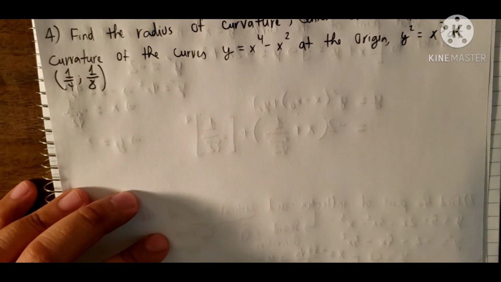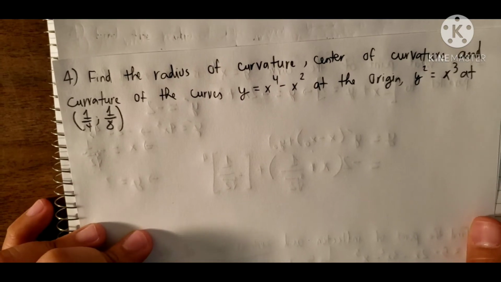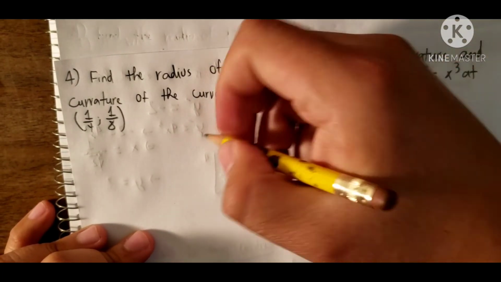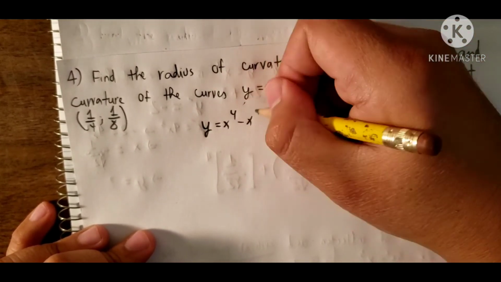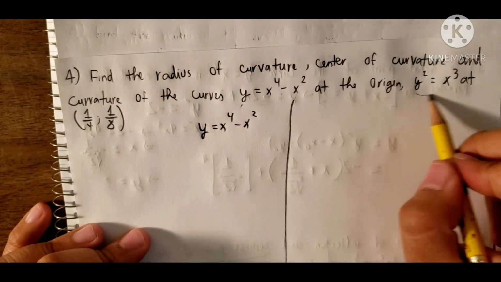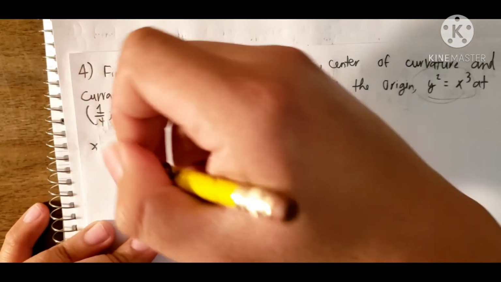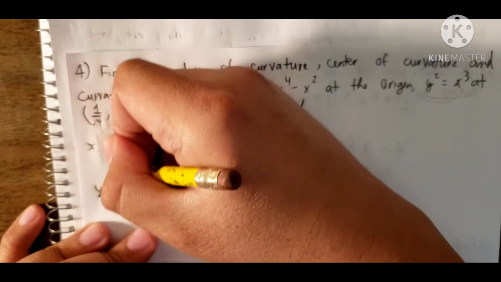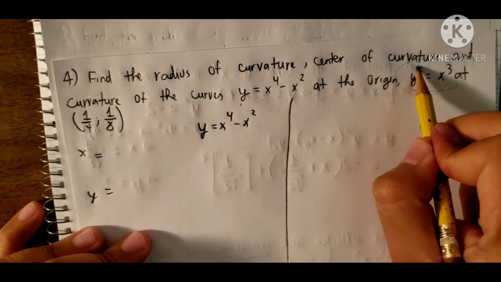To do this, we need to have the formula. So we have y equal to s^4 minus 2s^2. We separate them because we need to do the second one. We have the s and y. S and y is the center of the curvature.